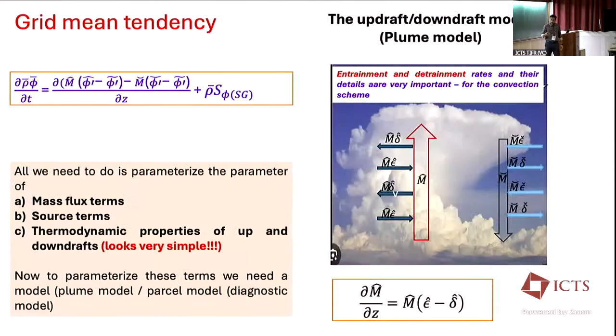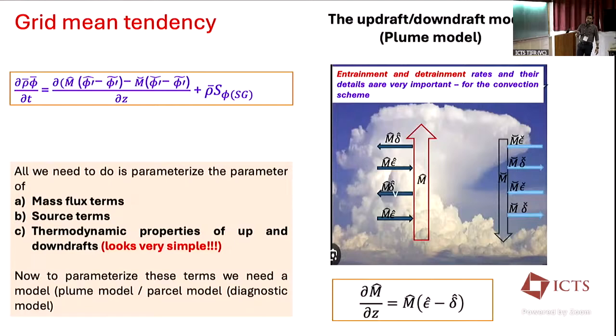Now we need to compute the mass flux term, so we need a plume model. The plume model is nothing but the schematic picture that I have shown in the right side panel. M is your mass flux, and it is going up, and then there is detrainment, the mass that comes down from the sides of the cloud.